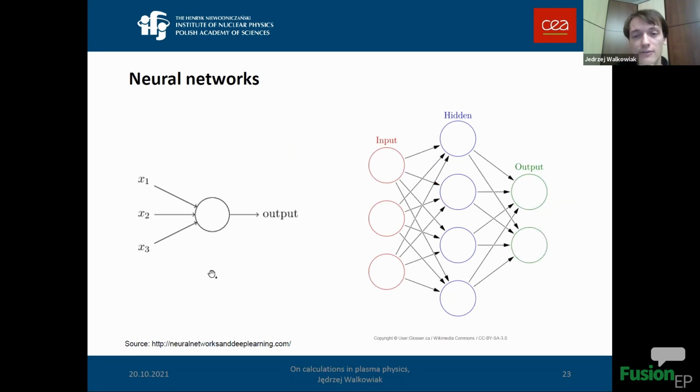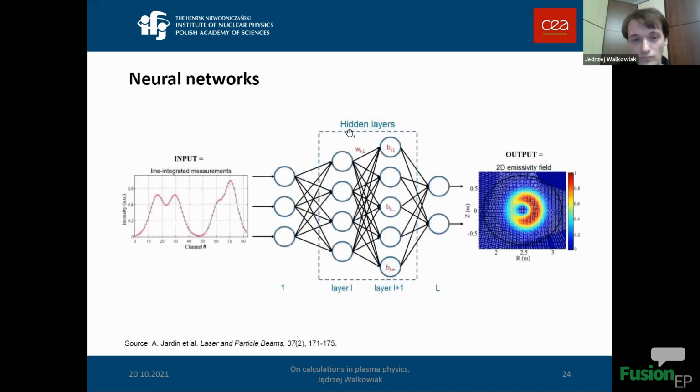Neural networks in general are based on the connection of many neurons, which are simple mathematical entities that collect a few input values, weight them, and process them with some simple internal function to produce the output. And by connecting them into a network, we are in general able to solve almost any function.